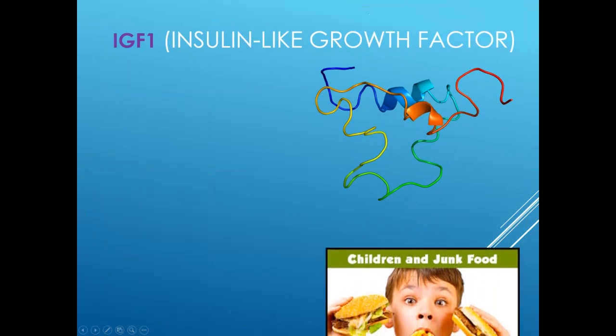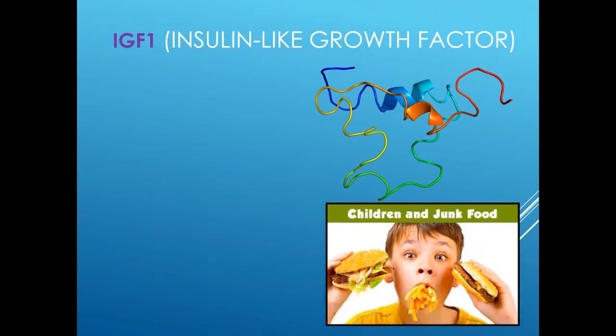And how you get high levels of it: eating the American diet, which is processed carbohydrate, so the bread, and animal protein. The animal protein with this processed carbohydrate. So this gives you high insulin.